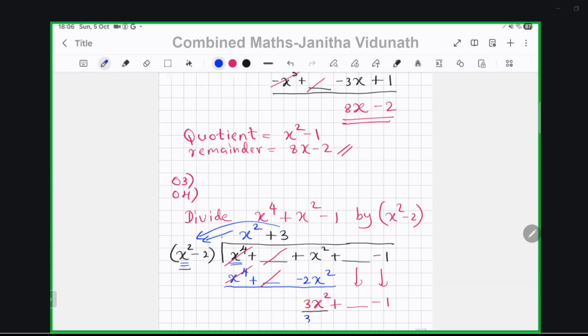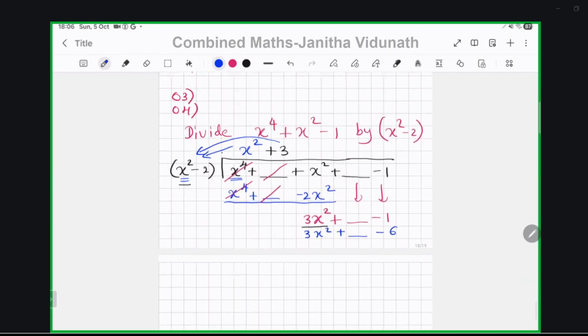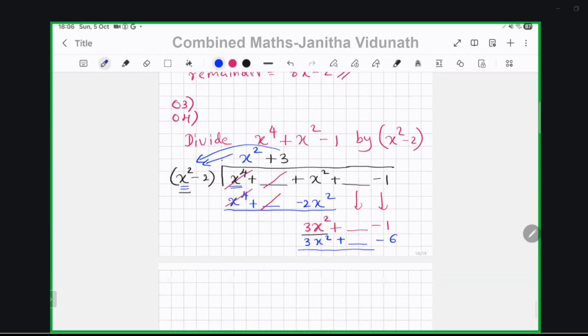Then it will give 3x square minus 6. That means plus blank minus 6. Then we need to subtract those two terms. Then the x square terms will cancel out and there are no remaining terms. Then minus 1 minus minus 6 means plus 5.